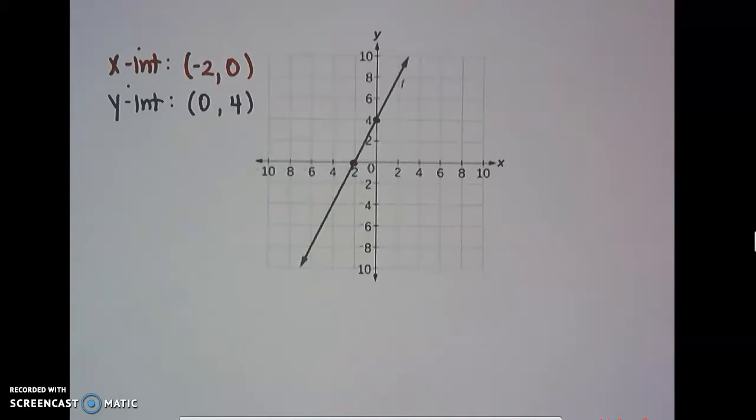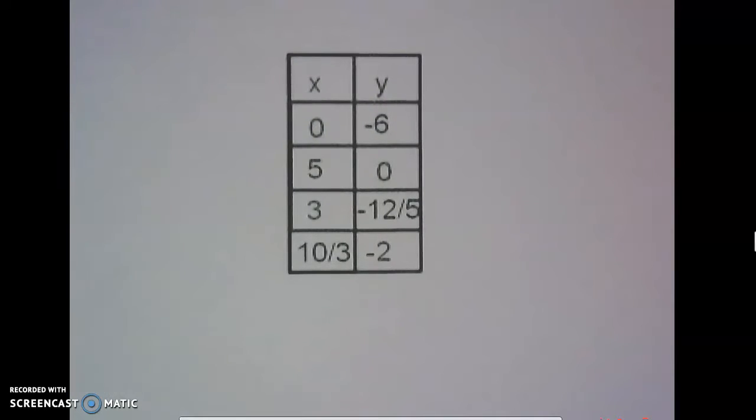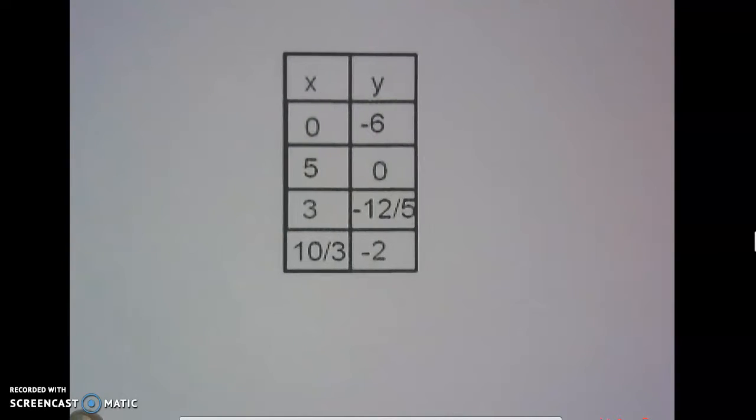Now, if it crosses the x-axis more than once, then you would just list off multiple points, whatever that means for the question. If it doesn't cross the y-axis or the x-axis, one or the other, or both, then you would just say none. It has no x-intercept or no y-intercept, depending on the situation. So that's what it looks like in a graph. Here's what it looks like in a table. So we're just looking at a table of values.